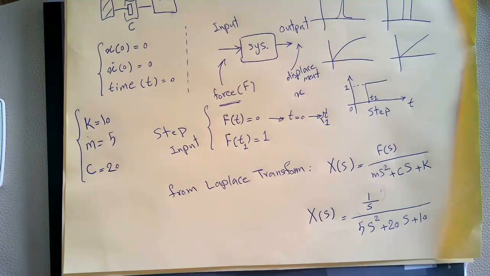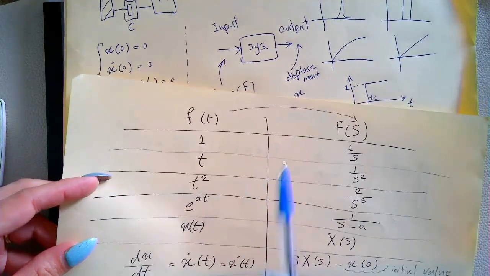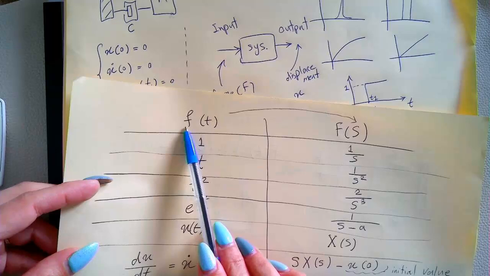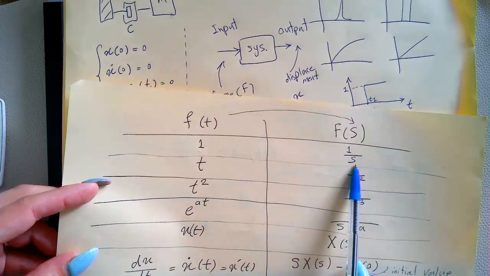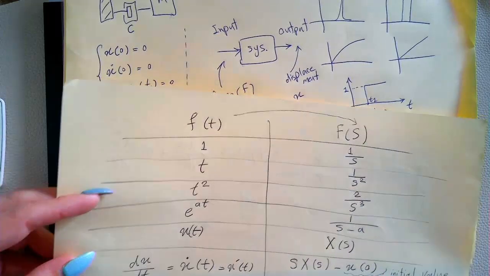If you give me a second, I'll get the table from one of my notes. Okay, so here is the table. If I have f of t equal to 1, the Laplace transform becomes 1 over s.